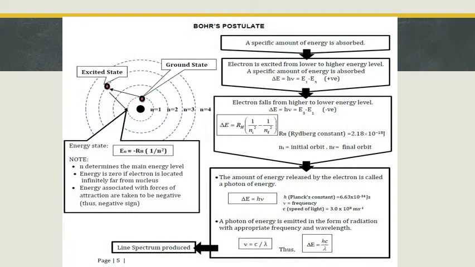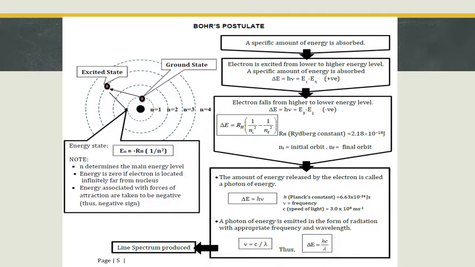So, berdasarkan beberapa postulat yang kita belajar sebelum ini, kita tahu setiap energy level, sama ada n sama dengan 1, 2, 3 ataupun 4, elektron pada setiap level ini mempunyai energi masing-masing. I dah teach you how to calculate the energy of the electron at each level. So, kita guna formula En equal to negative RH times 1 over n squared.